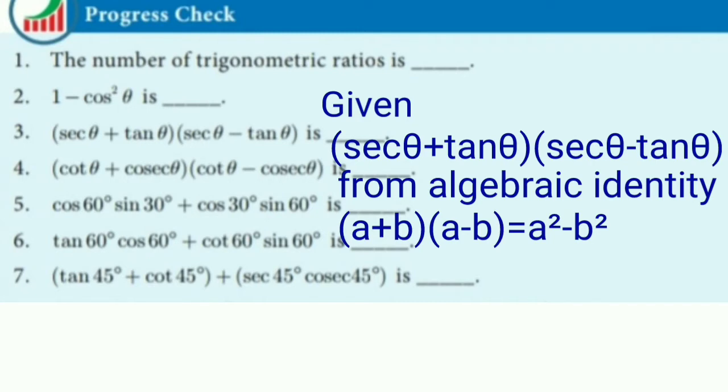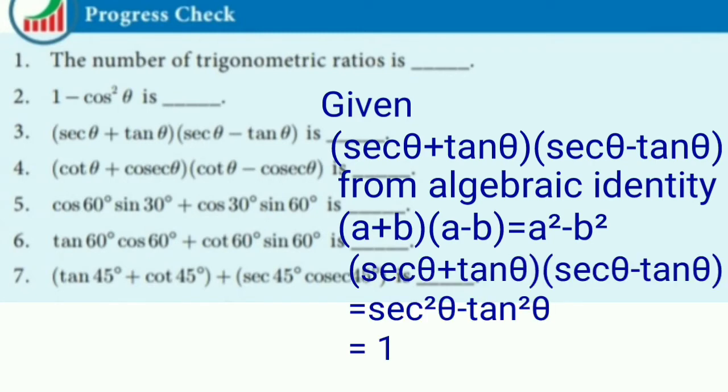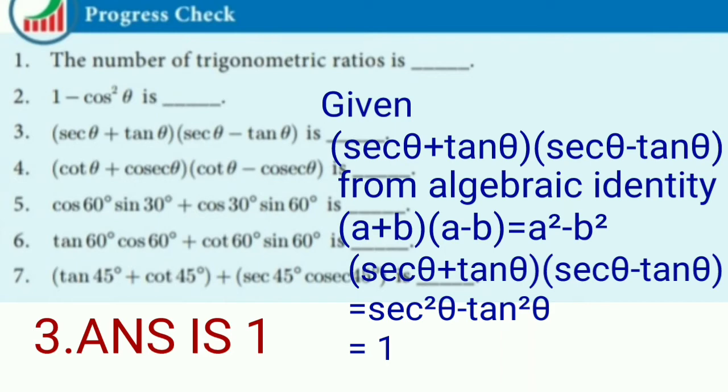Secant theta plus tan theta into secant theta minus tan theta is equal to secant square theta minus tan square theta. By using second identity, 1 plus tan square theta is equal to secant square theta, or secant square theta minus tan square theta is equal to 1. It is 1. So third answer is 1.